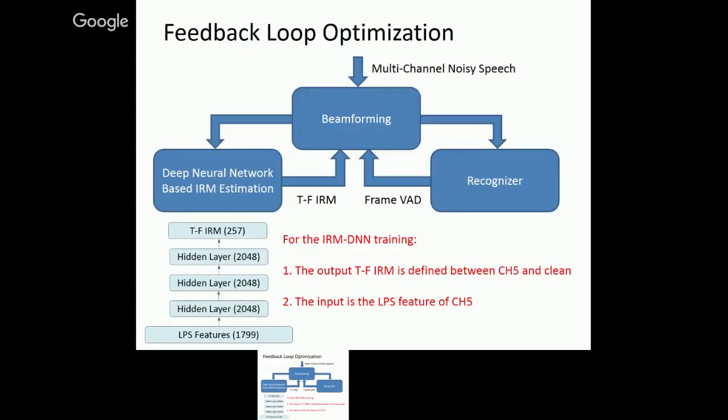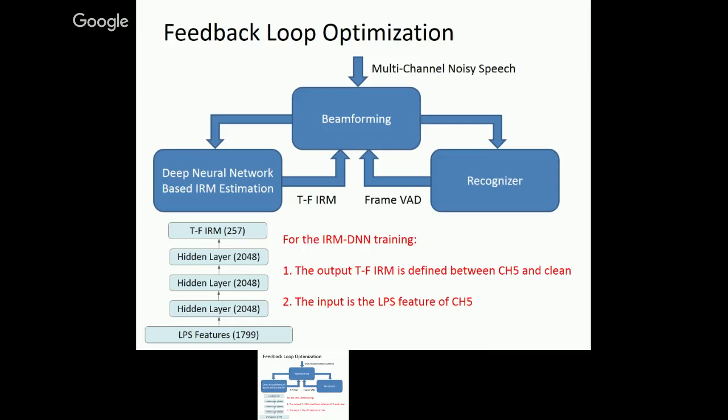First, I will introduce a very important module, the beamforming. Our beamforming uses the concept of feedback loop optimization. We do not just use the signal processing method to do the beamforming. We also combine single-channel deep neural network based speech separation methods, and we also combine the first-pass recognition results to improve the beamforming.